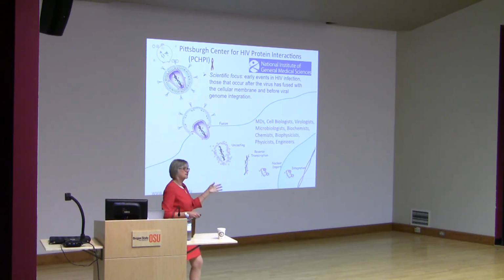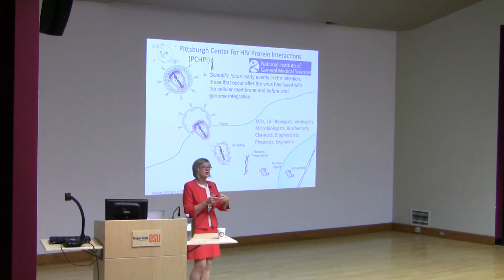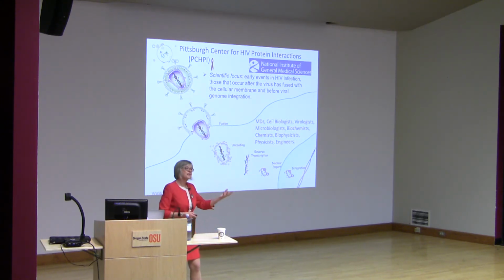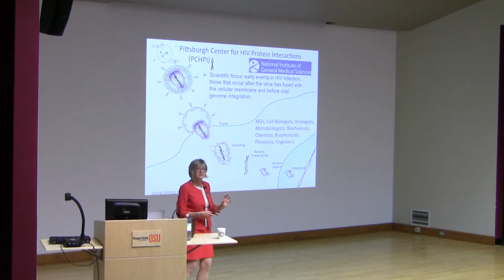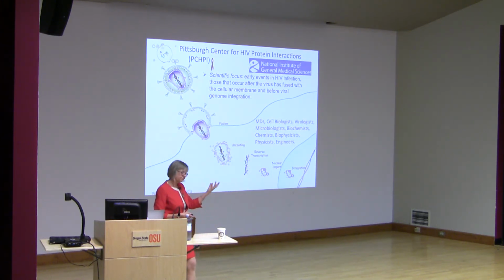These centers were established by the NIH to try to understand more of the basic biology of HIV, because although it's been 30 years that we know that the virus causes AIDS, we still don't have a cure and we still don't have a vaccine. So what we need to do is carry out more basic research to understand how the virus can wreak such havoc with a human or a mammalian system.